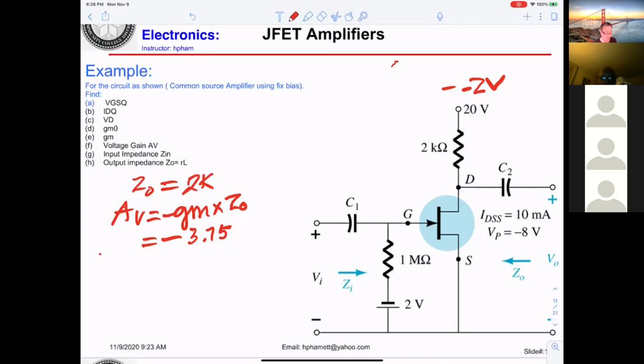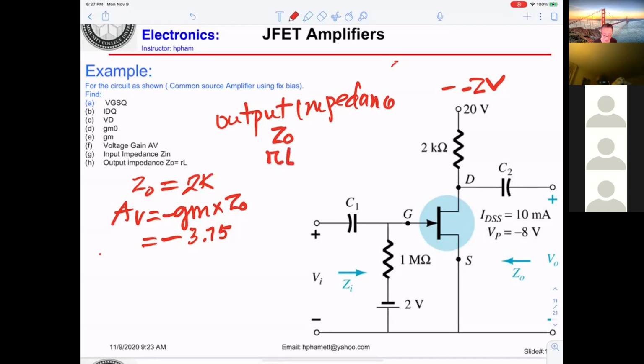Normally for the output impedance, some textbooks use Z out, some use R small L. It's the same thing, just different notation.